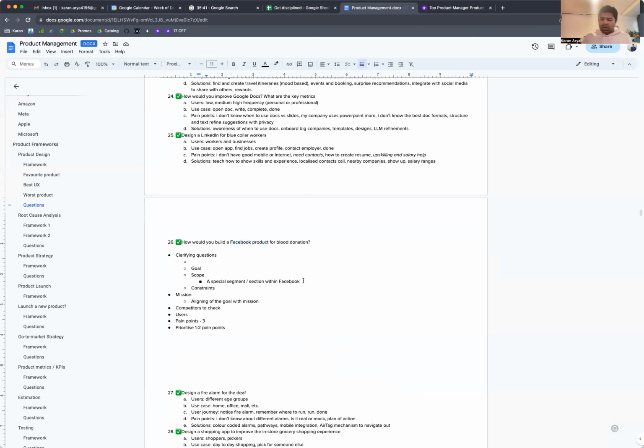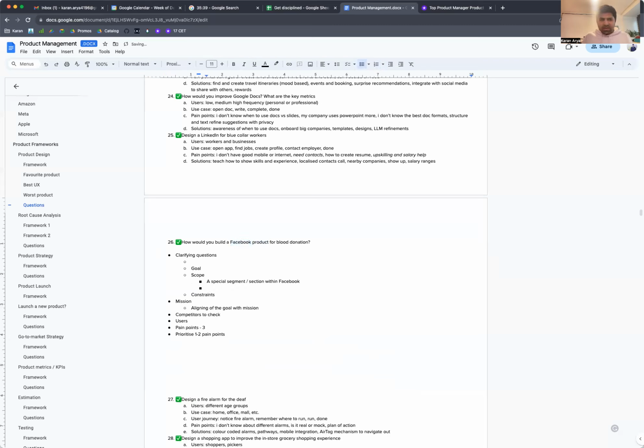Second would be, what is blood donation? Now, just to clarify, blood donation is more like an exercise where I, as an individual, can go to any organization such as a hospital, a non-profit organization, or something similar, and then just donate my blood for free. I do not get any money.